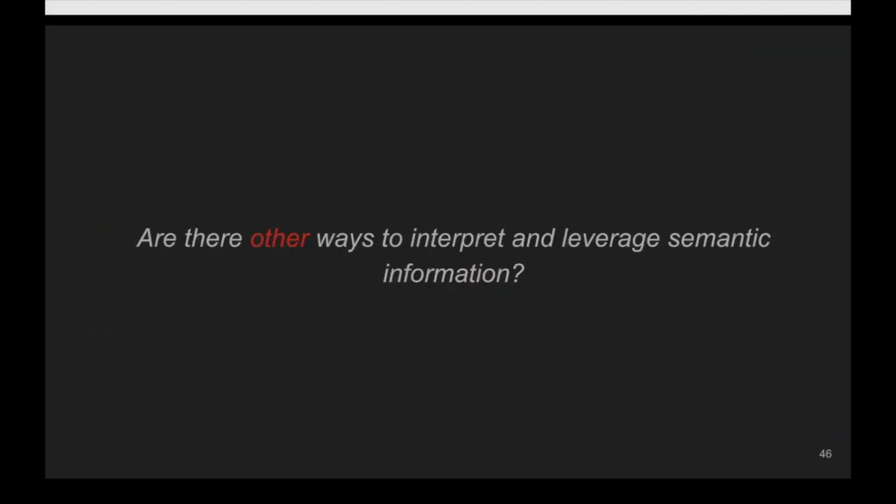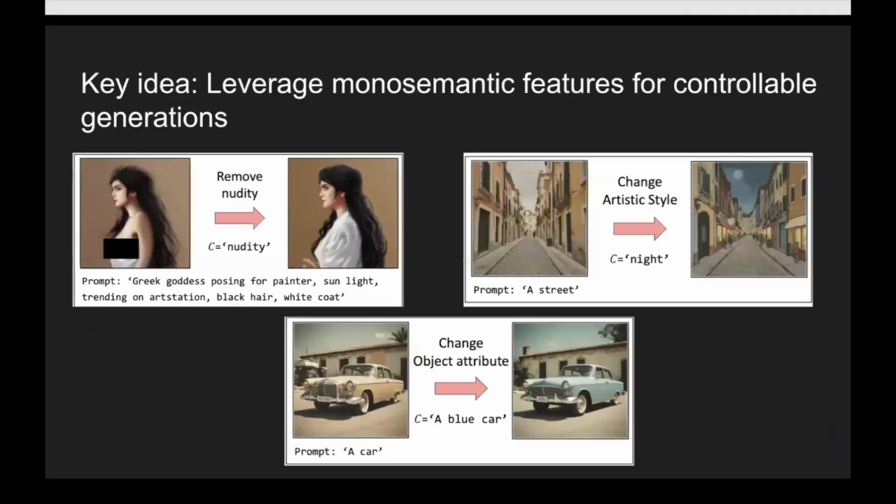So the next question that we wanted to study was, this was one way of interpreting diffusion features and the semantic information in them. Are there other ways to do this? This ties back to our interest in offering more control to the users while generating an image.